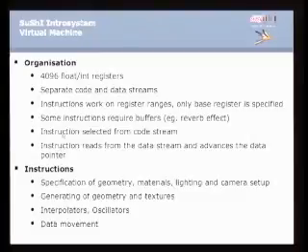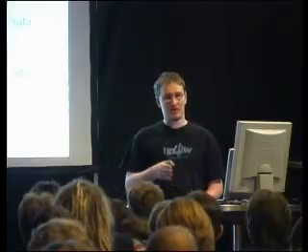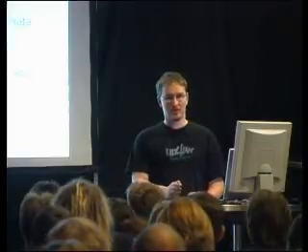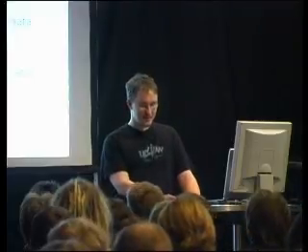The instructions work on register ranges, and only the base register needs to be specified, and you need only 12 bits for it. That's 4096 registers. Okay. What kind of instructions do I have? I can specify geometry, materials, lighting, and camera setup. And that's already enough to generate textures and to generate sound.